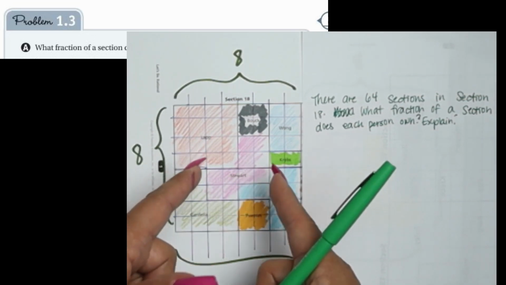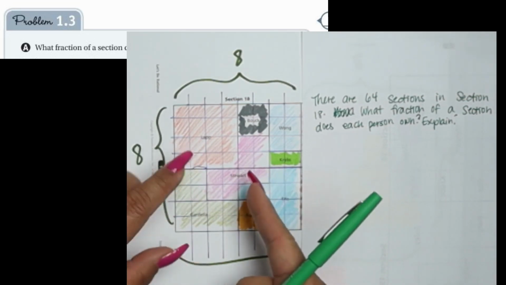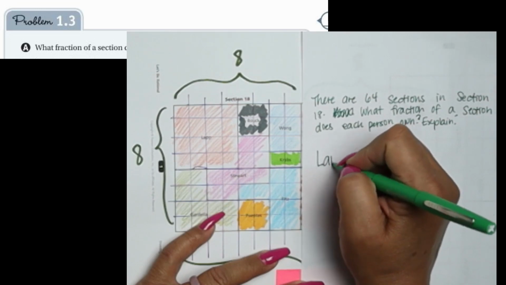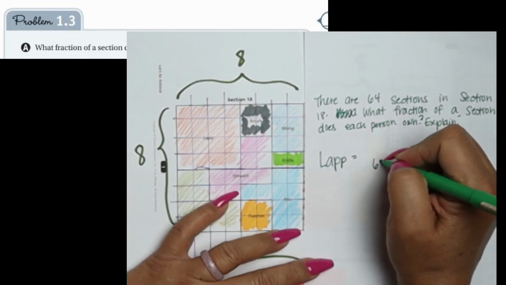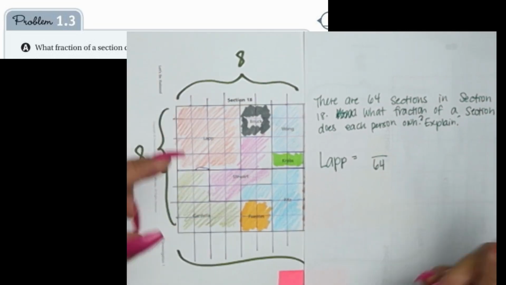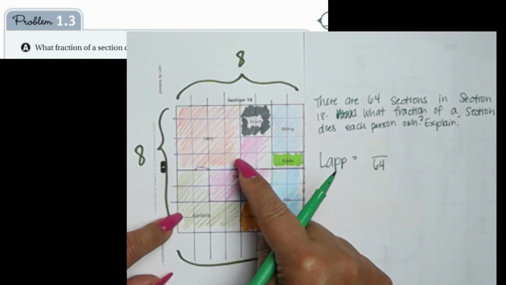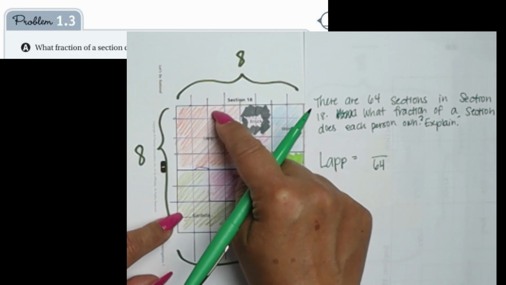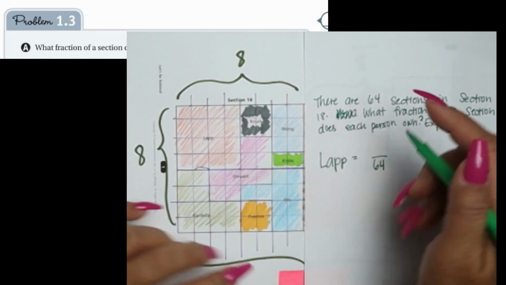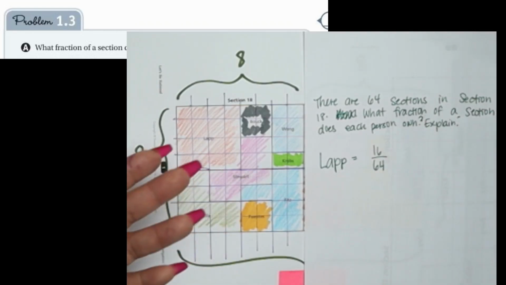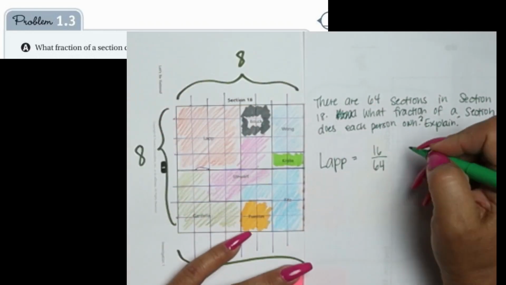So let's isolate this section. So Lap, out of 64 sections, he has, or they have, 1, 2, 3, 4, 5, 6, 7, 8, 9, 10, 11, 12, 14, 15, 16. 16 64ths of one section.